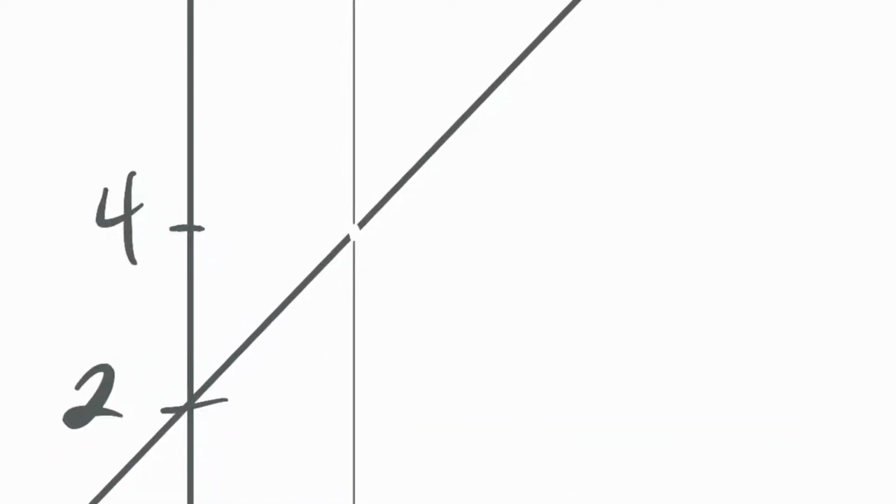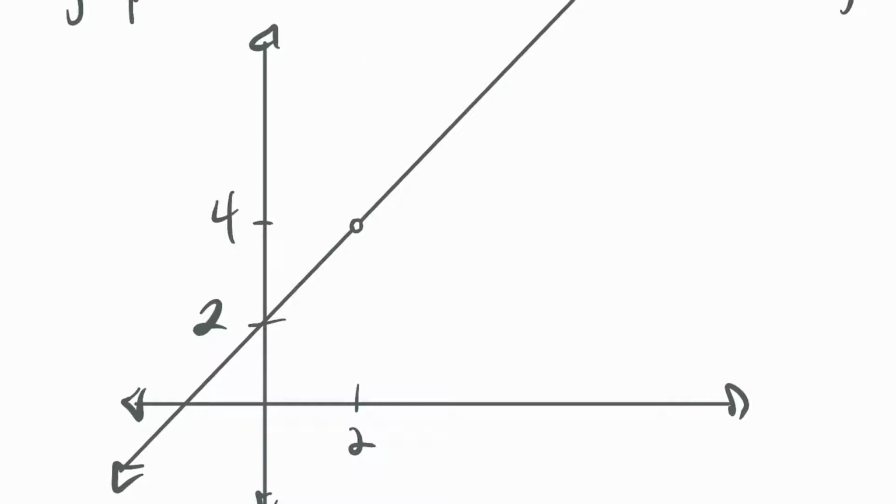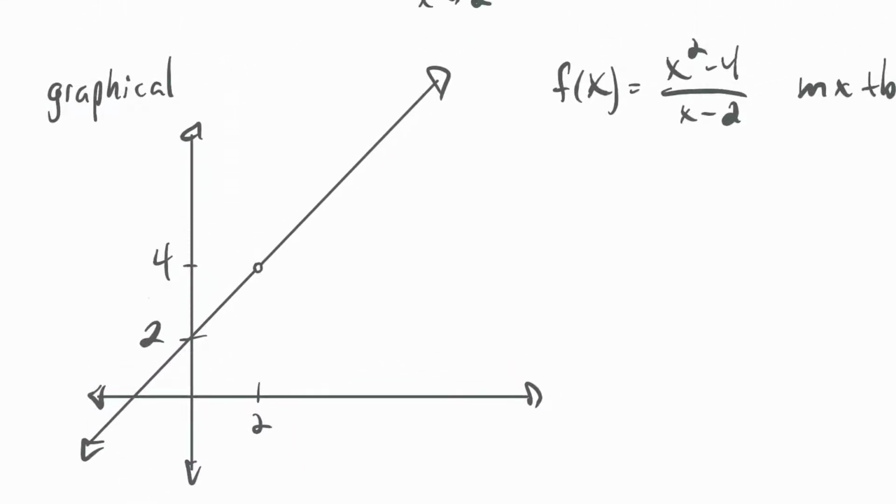There's a hole in the graph because f of 2 is undefined, right? We said that earlier. So there actually isn't a value there. There's no point on the graph at x equals 2. There's a gap. Otherwise, though, the graph is a straight line.